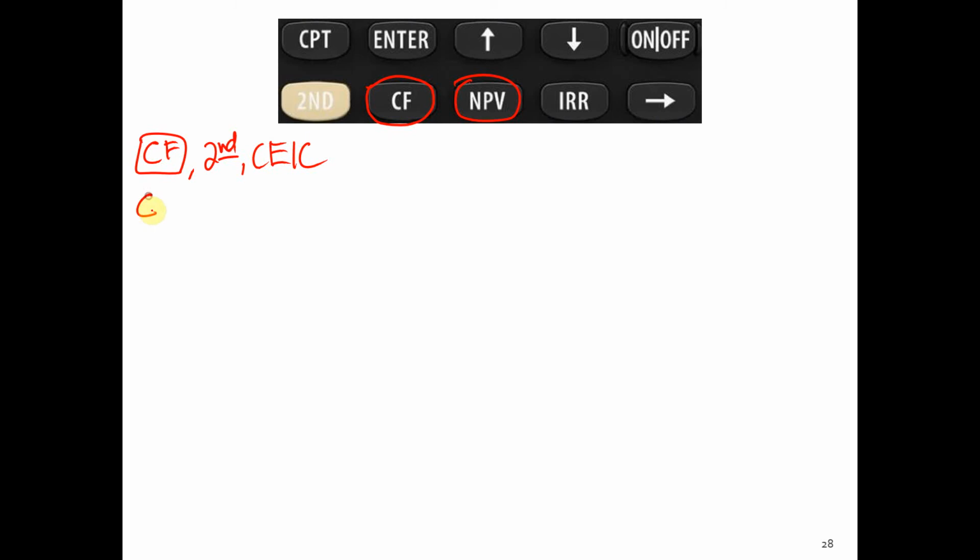The first way that we did this is we had CF0 and we entered the number 0, hit enter, and then we scrolled down once. C01 came up on the screen and we typed in 100 and we hit enter.